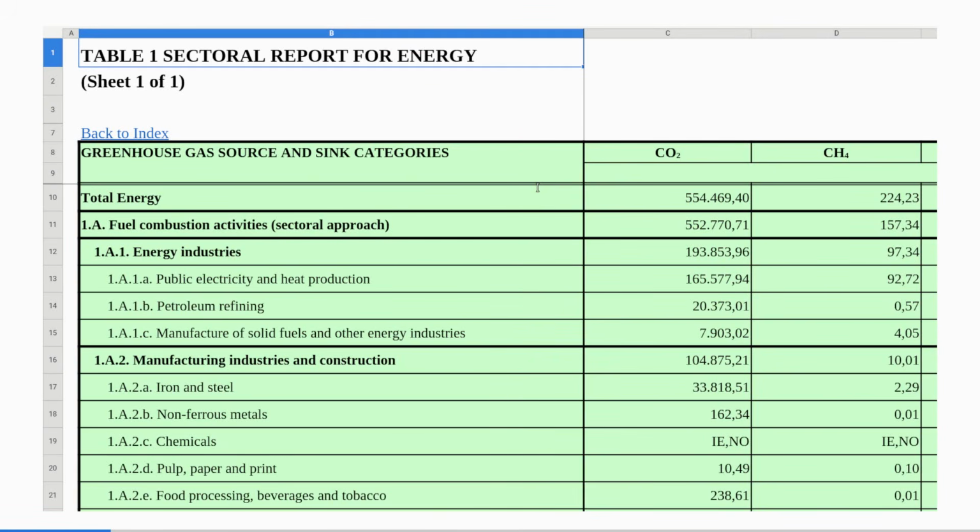Maybe it's a bit hard to read, but you have various industries here. You can see the energy industry in this country. This is for Germany, emitting CO2, methane, and other gases. It's quite detailed. You can have quite a detailed breakdown on various sectors.